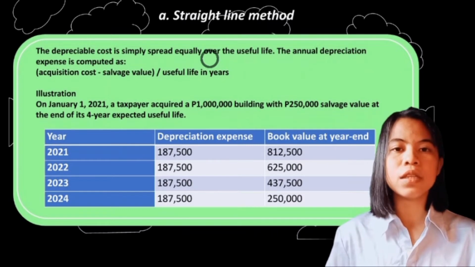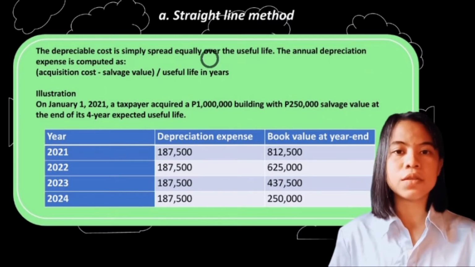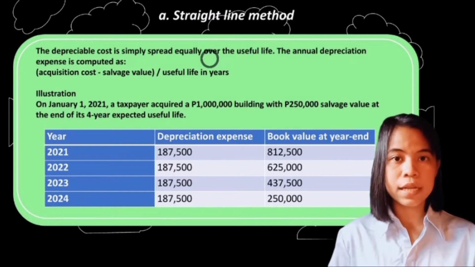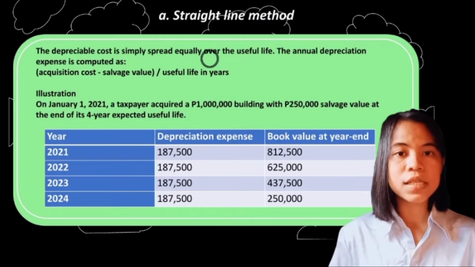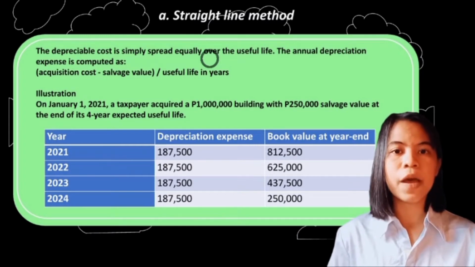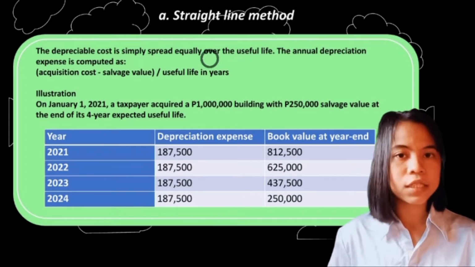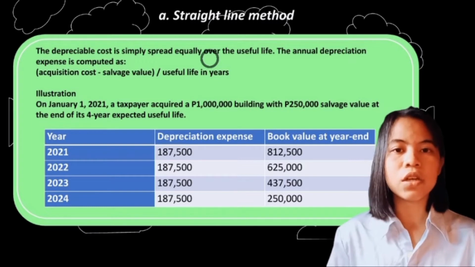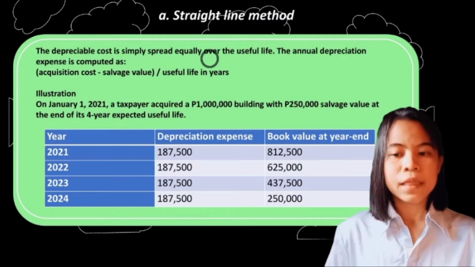Under this method, the depreciable cost is simply spread equally over the useful life of the asset. The annual depreciation expense is computed as the acquisition cost less salvage value divided by the useful life in years. I prepared an illustration for us to understand the topic more.